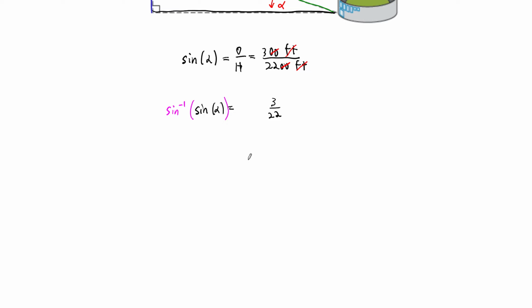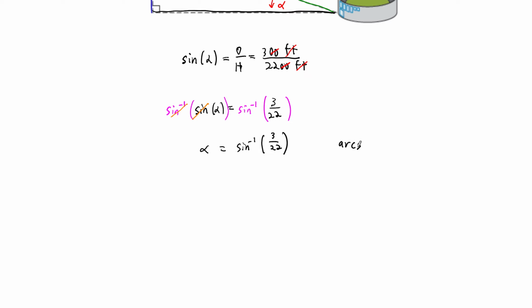If we apply the sine inverse to both sides, and there's a button for this on your calculator, then on the left-hand side these two cancel each other, and now we have the alpha, this angle, is equal to the inverse sine, or the arc sine, of 3/22.